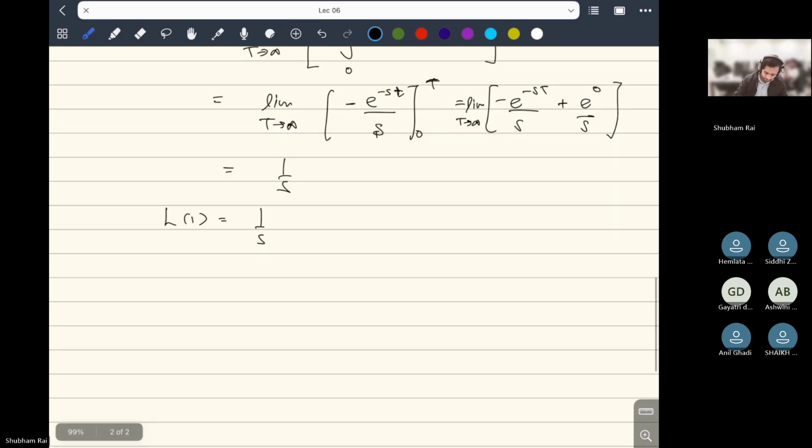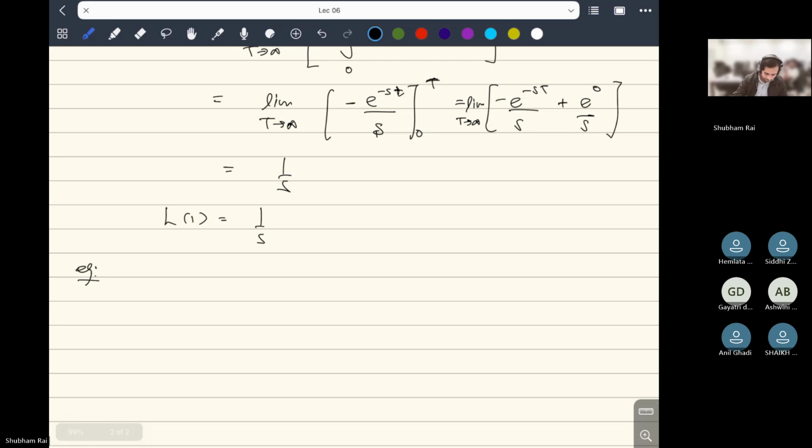Calculate another example. Let's say our function f of t is e raised power at, and we want to find the Laplace transform of this function.